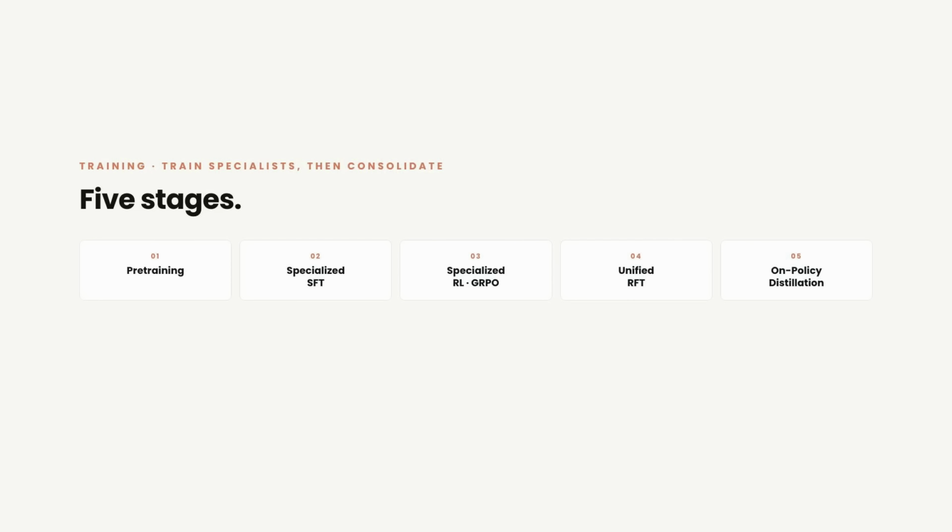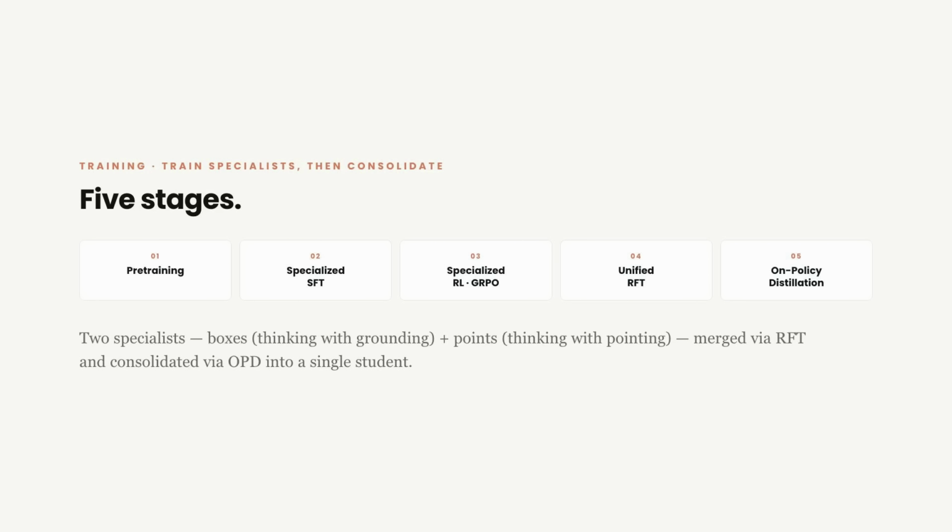Then specialized RL with GRPO on each with 3 reward heads. And these are format, quality, and accuracy. Then a unified RFT that merges them. And finally, on-policy distillation into a single student model. So basically, they are training 2 specialists and then consolidating them.